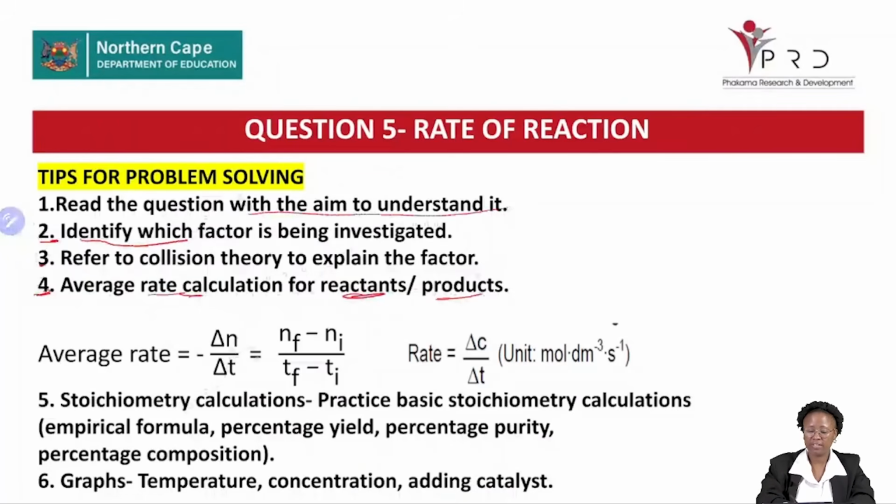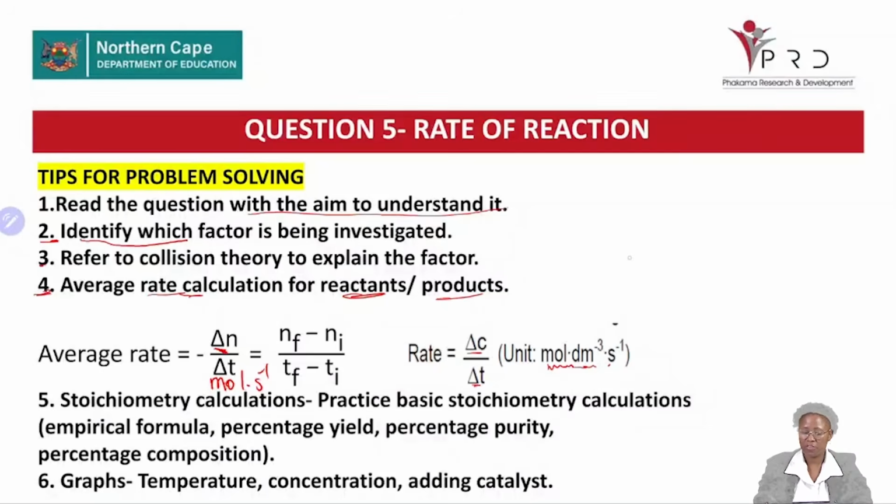But what I want to emphasize is that when you are calculating, you can be given to calculate the rate in terms of moles per second. In terms of mole per second, you know that means you're looking at the change in number of moles over what? Over change in time. And then you can also be given in terms of change in concentration over change in time, and the SI units will be mole per decimeter cubed per second.